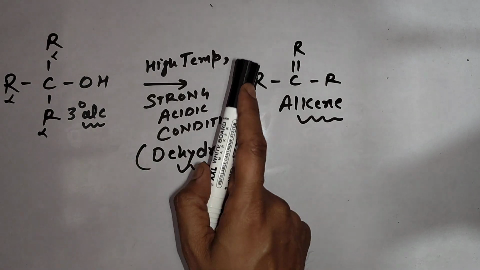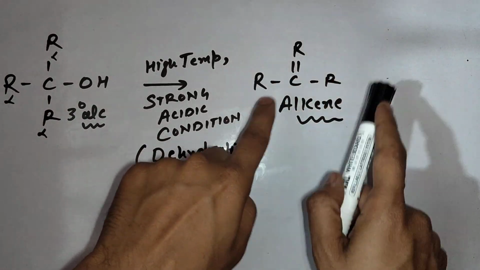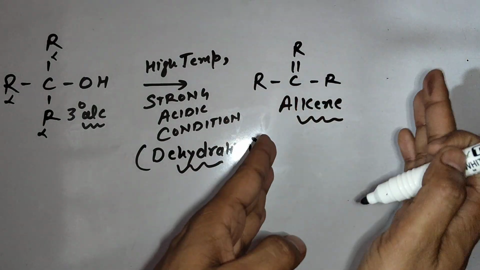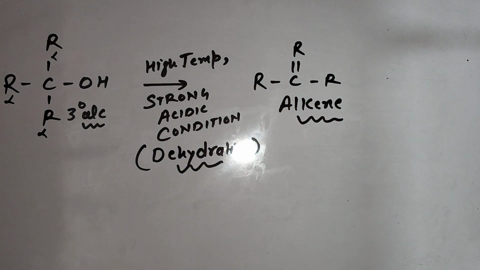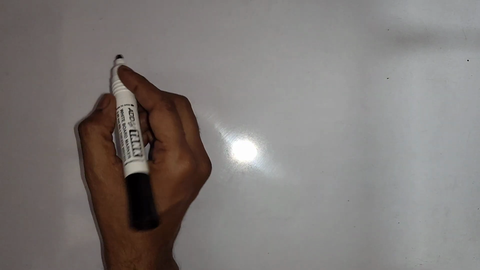First it will create alkene by the process of dehydration, and alkene's oxidation will happen further. Now let's check how alkene will oxidize. Very simple. In this video we are discussing only the trick to learn and to solve oxidation reactions. In the next video we will understand mechanisms.